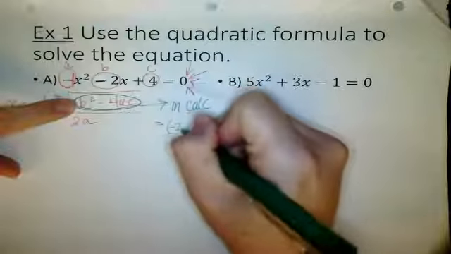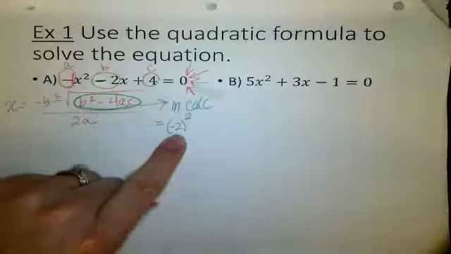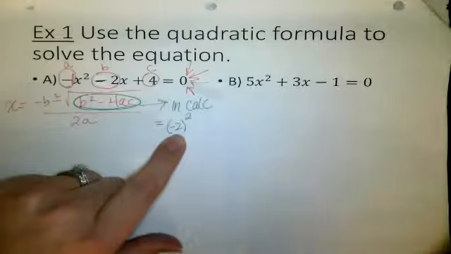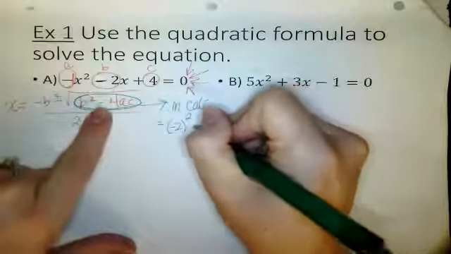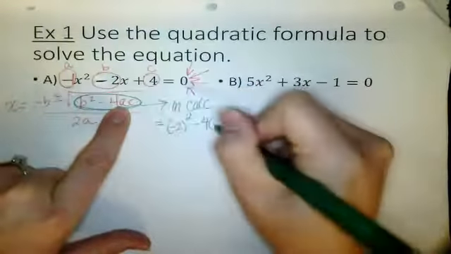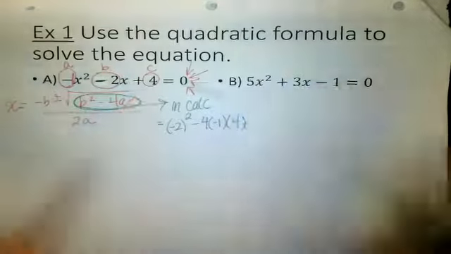-2 is our b value, and we're going to square it. You absolutely must have parentheses. Don't try to shortcut this, ladies and gentlemen. -4 times a, our a value is -1, times c, which is 4.